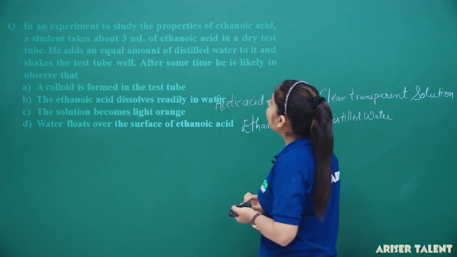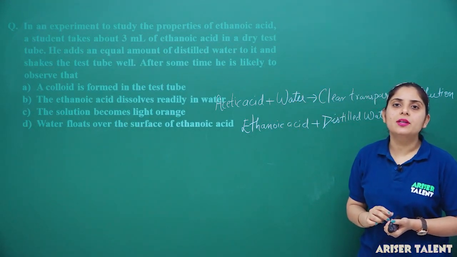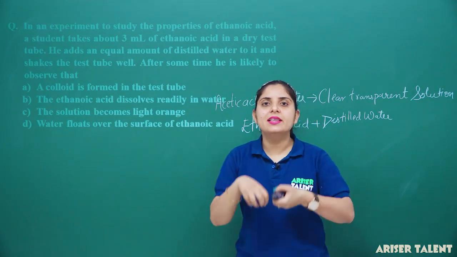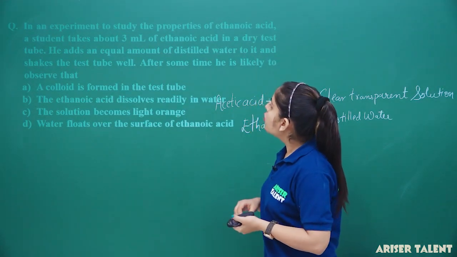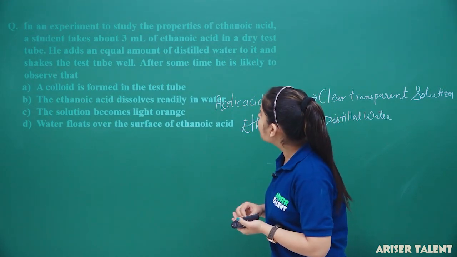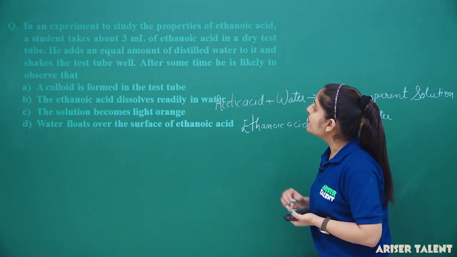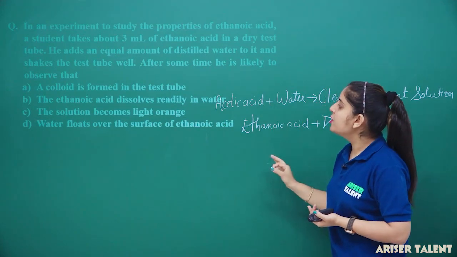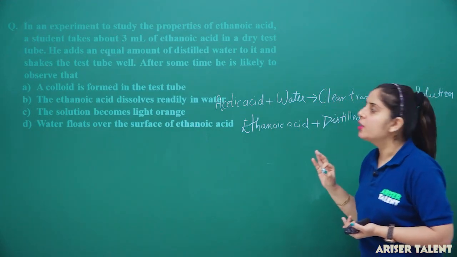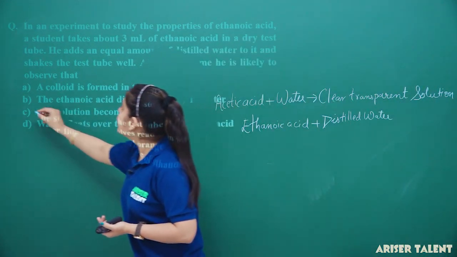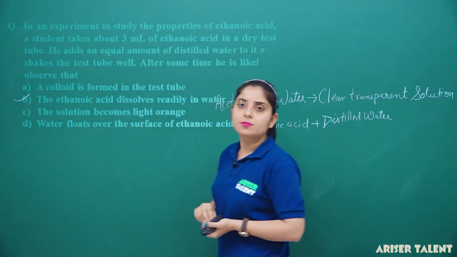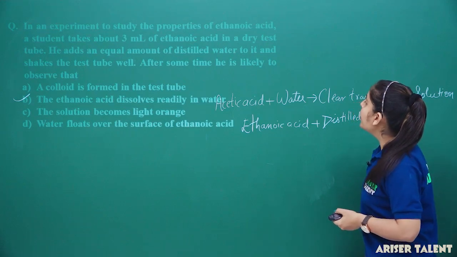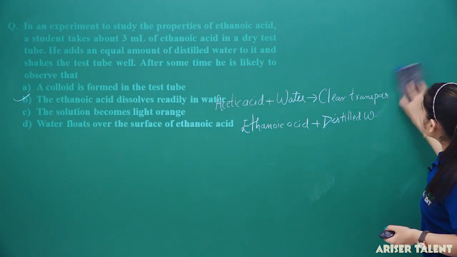Ethanoic acid is in liquid form, so it can easily dissolve in the water. The options are: a colloid is formed, this option is not suitable; ethanoic acid dissolves readily in water; the solution becomes light orange; the water floats over the surface of the ethanoic acid. So the correct option is option number B. Now we are moving to our next question.